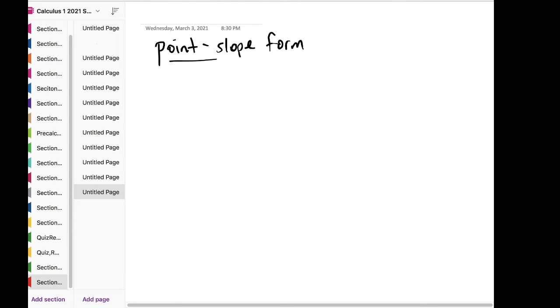It's called point slope form. It's y minus y1 equals m times x minus x1. It's called point slope form because you have a point and you have a slope.